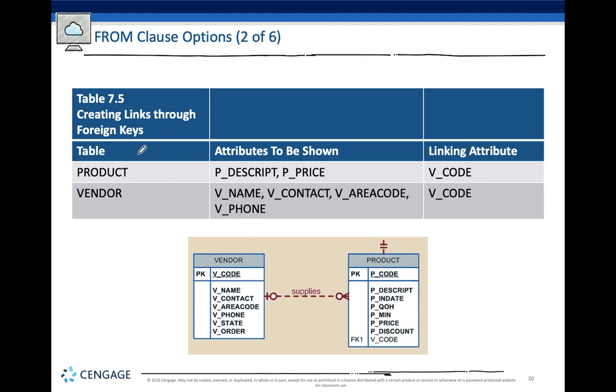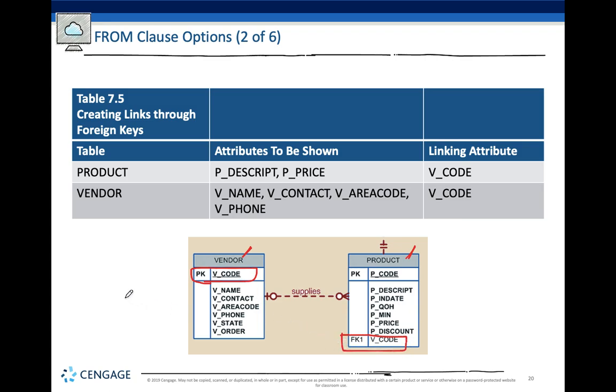So notice that the way we created the link between the two tables was through the foreign key, right? So if we had 2 tables called vendor and product, for instance, one vendor can supply 0 to many products. You can see that the primary key, vendor code, is the foreign key in the product table, right?